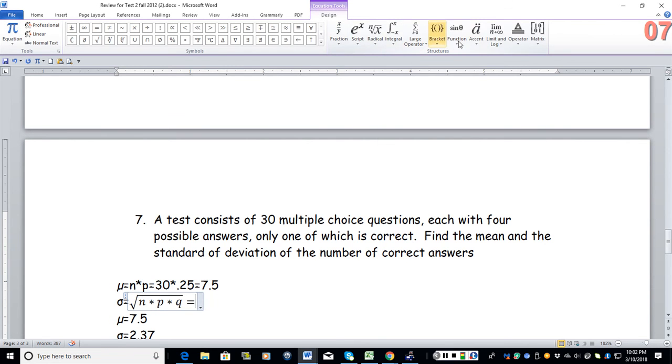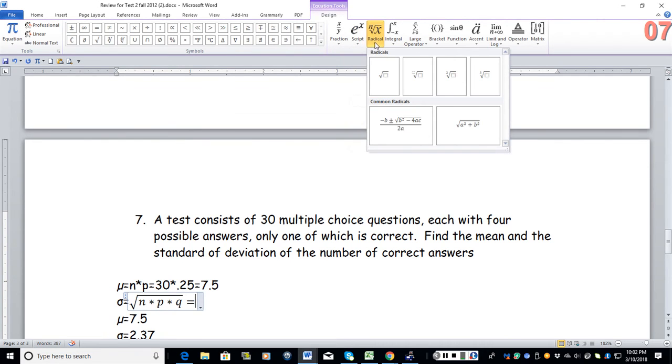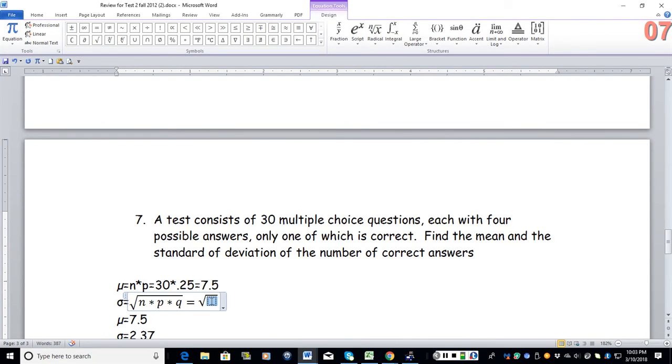So it's going to be the square root of 30 times 0.25 times 0.75, which is going to be equal to 2.37. That's going to be our answer for number 7.